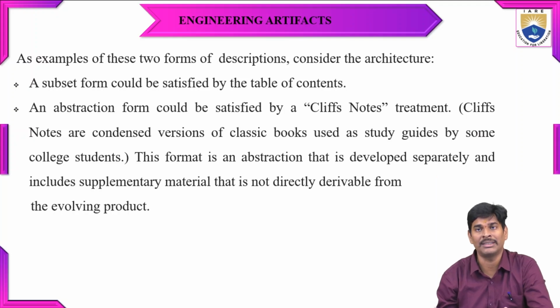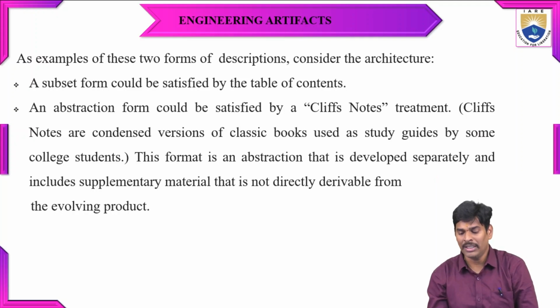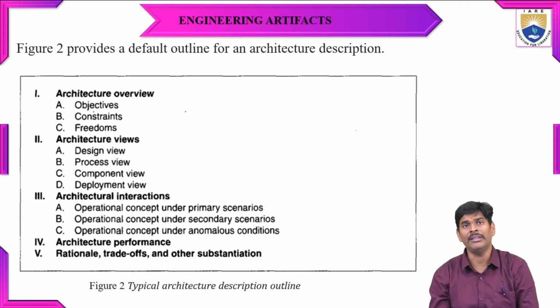They need to write some guidelines about this format based upon the abstraction, and they need to check each and every different type of the main material, and also they can consider the supplementary material, which sometimes can be directly, or sometimes cannot be directly derivable from the MLA product.